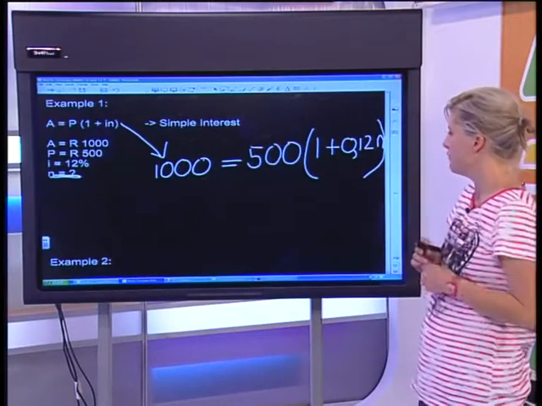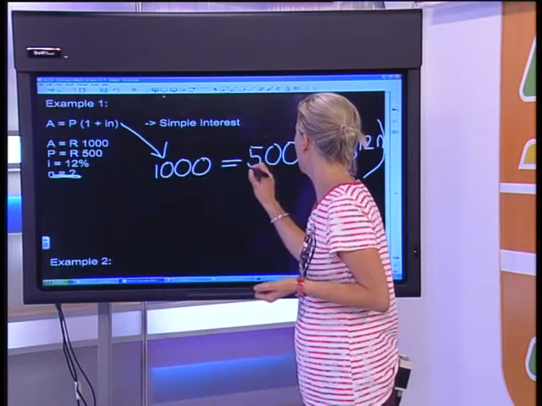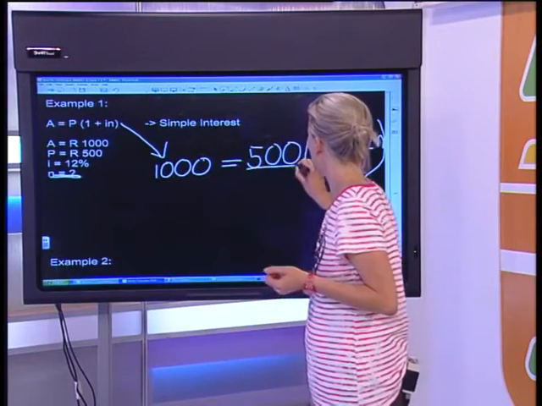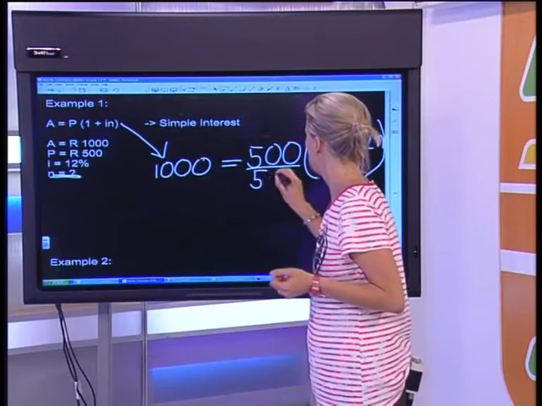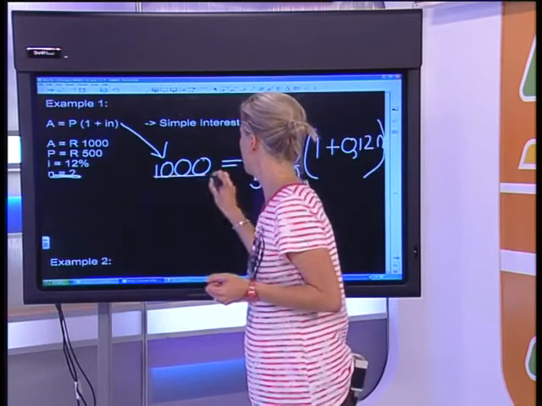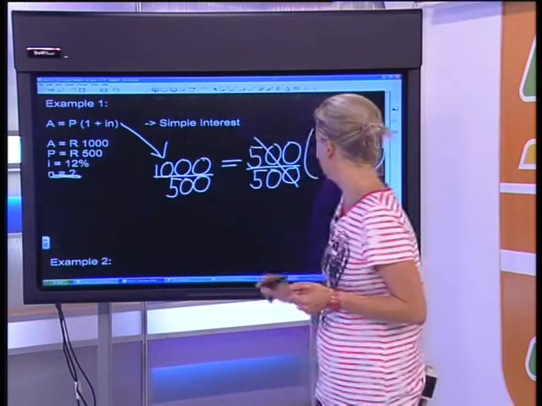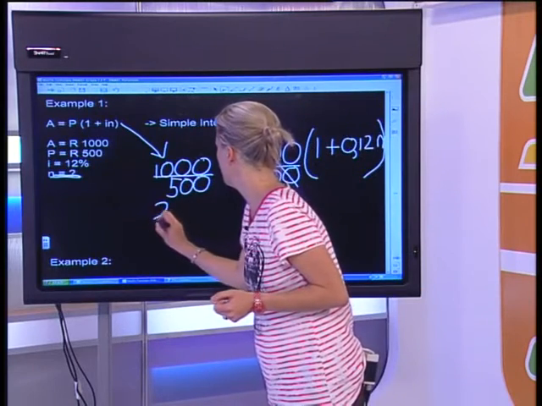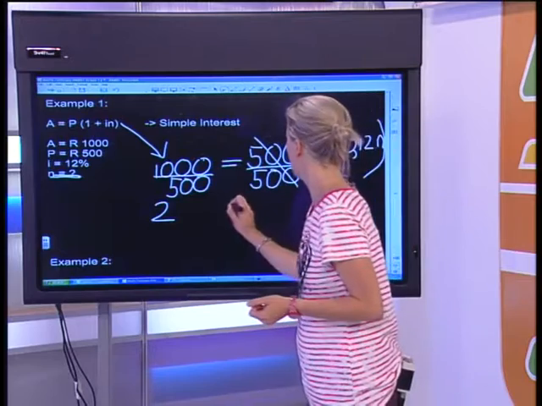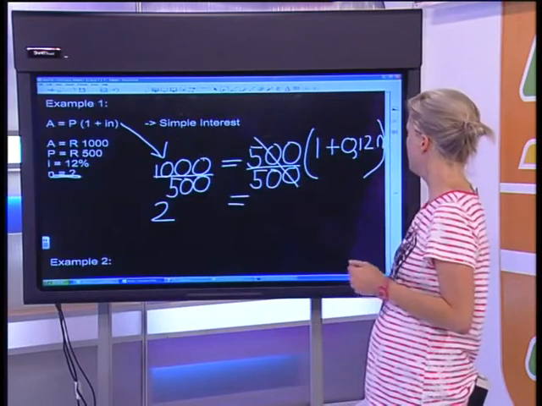Now, there's various different ways that you can go about solving this. I would probably start by dividing both sides by 500. So I will do that. And 1,000 divided by 500 obviously is 2. So now I have on this side 1 plus 0,12n.